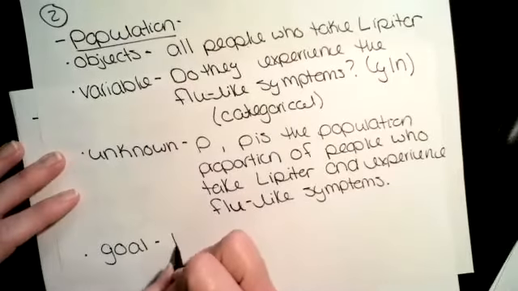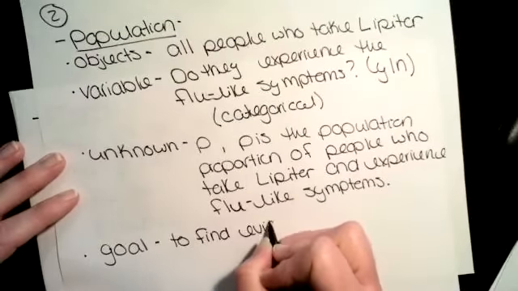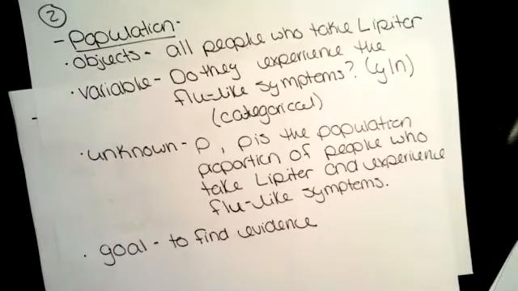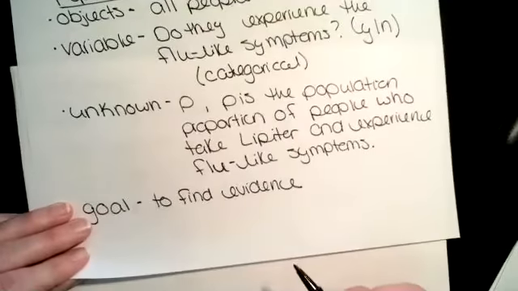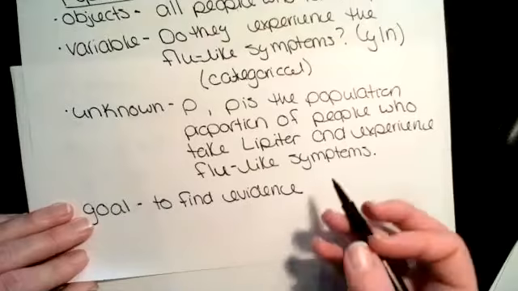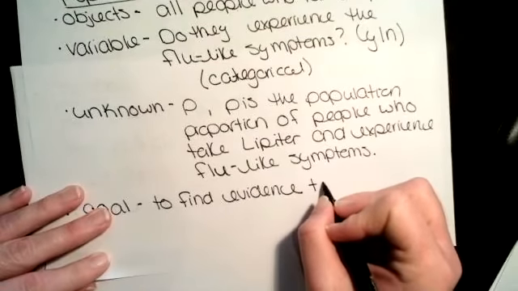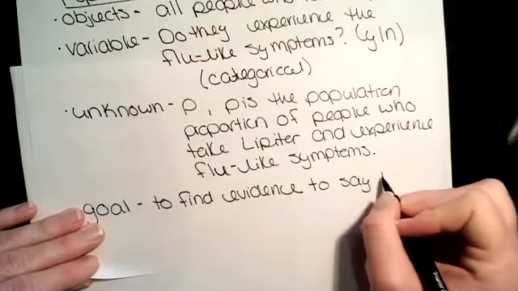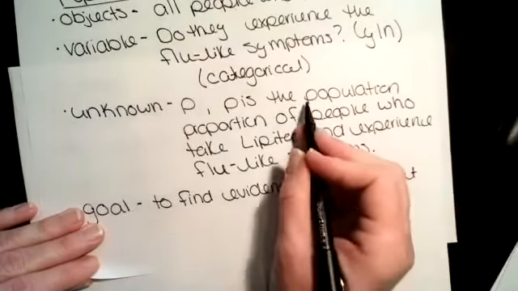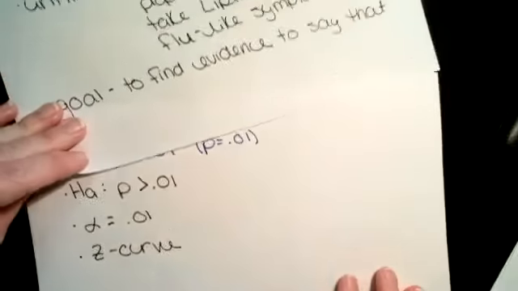To find evidence, so you'll see I write it differently. I didn't write it this way on the first question. I wrote to find support, doesn't matter. To find evidence to say that, and now I'm going to fill in P, and then I'll add in the greater than 1%.